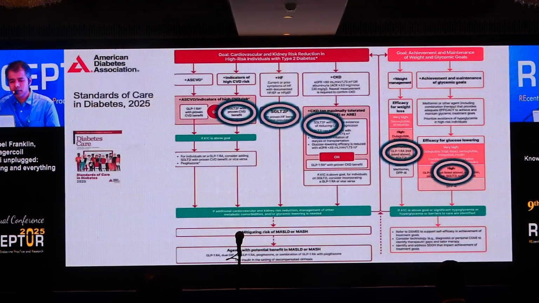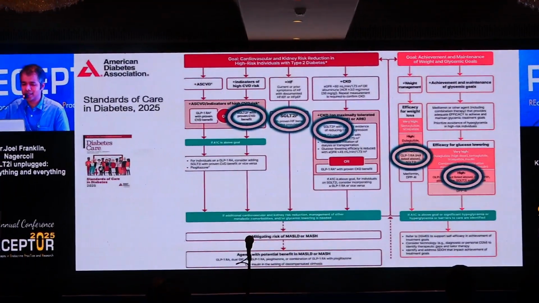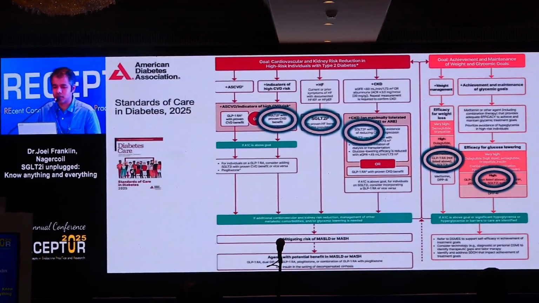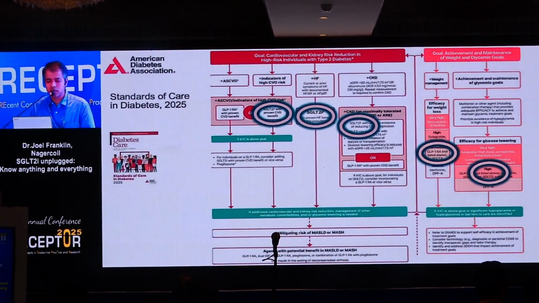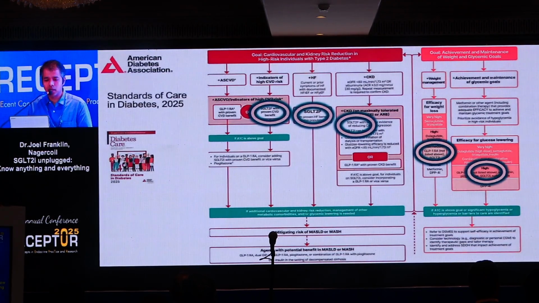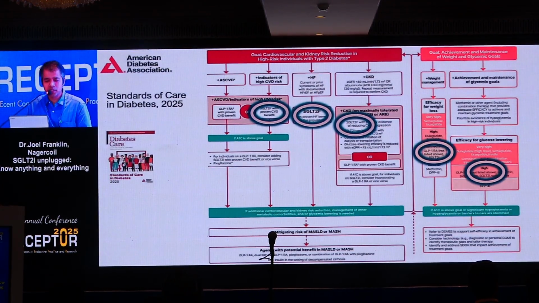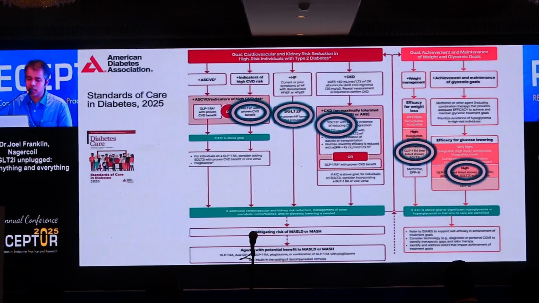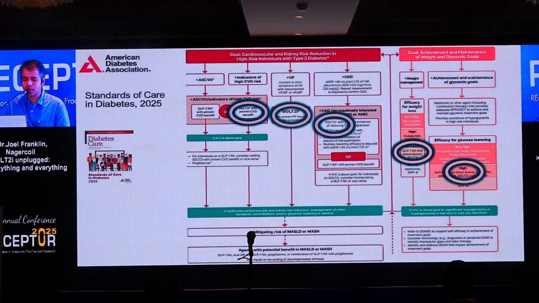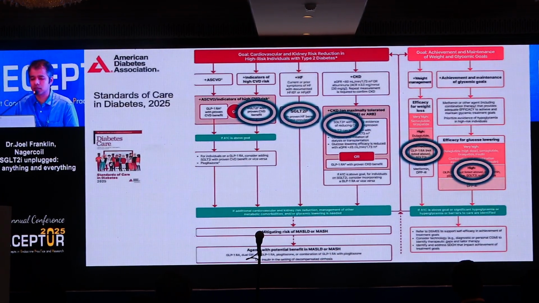If there is ASCVD or high-risk cardiovascular risk factors, straight away you have to start the patient on SGLT2 inhibitor or GLP-1 receptor agonist. If the patient is having heart failure, SGLT2 inhibitor. If the patient is having CKD, either SGLT2 inhibitor or GLP-1 receptor agonist should be started.